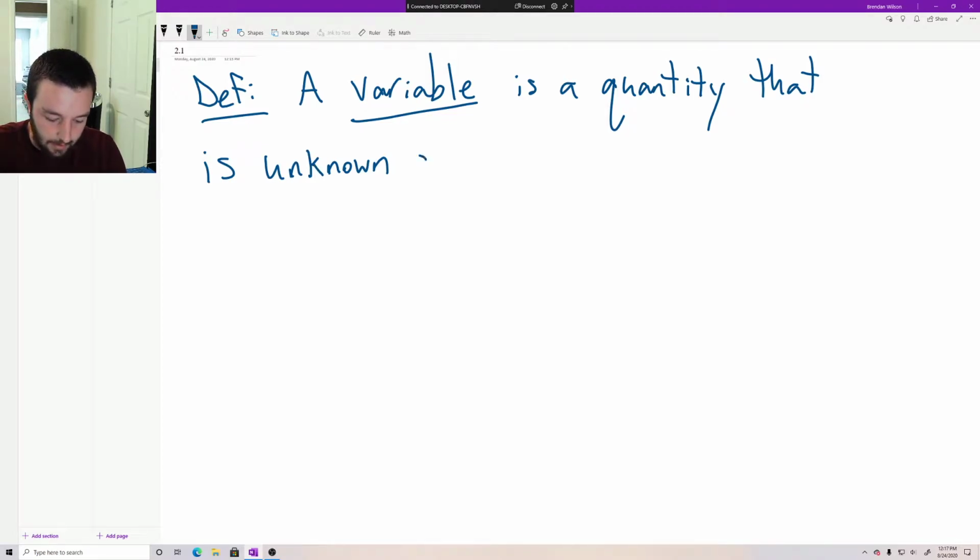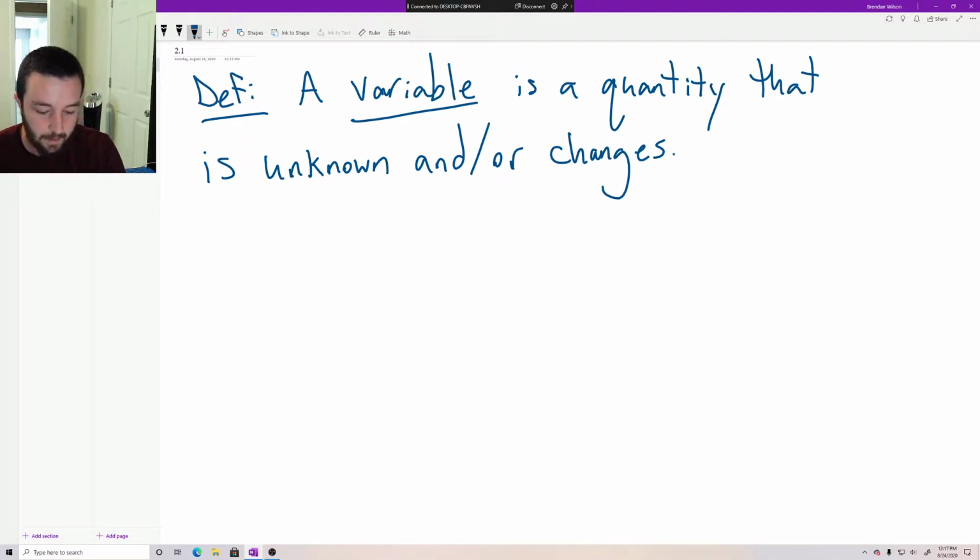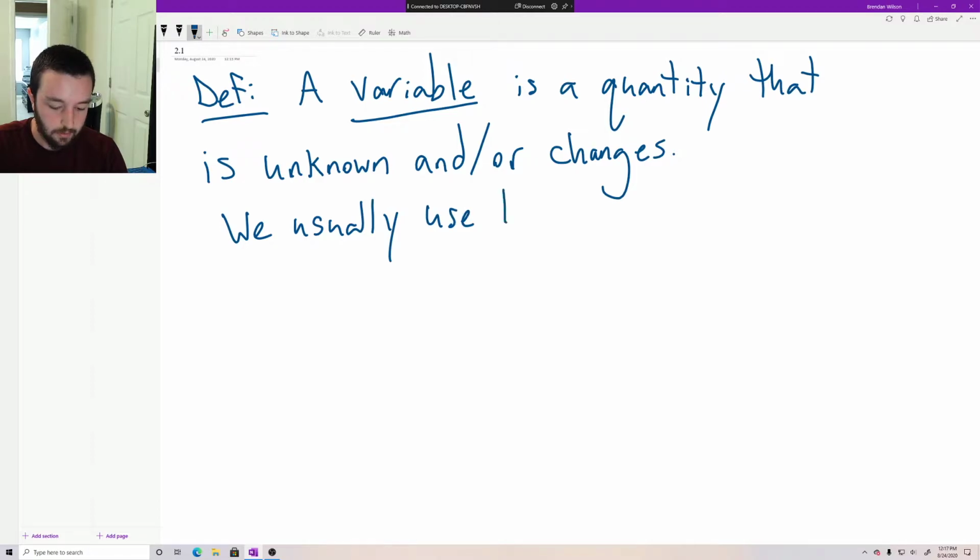That is unknown and or changes. Okay. So it's a quantity that is either unknown or it changes or both. Okay. So we usually use letters to represent variables.